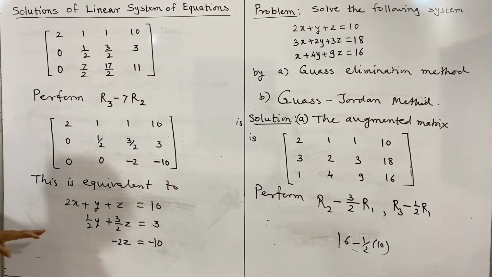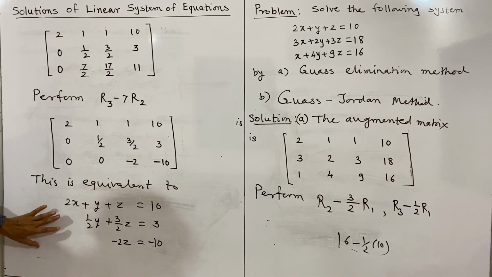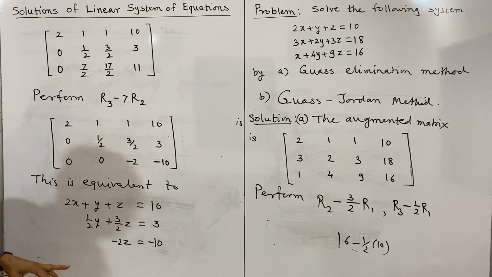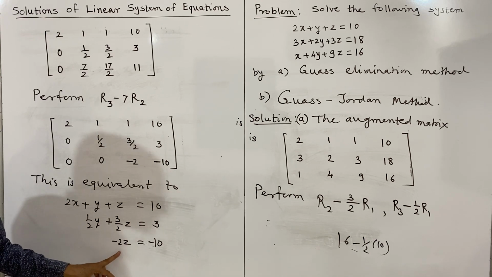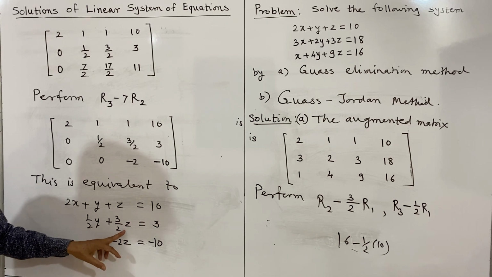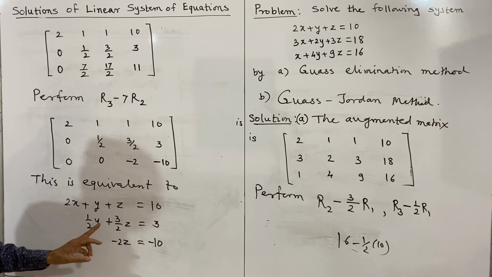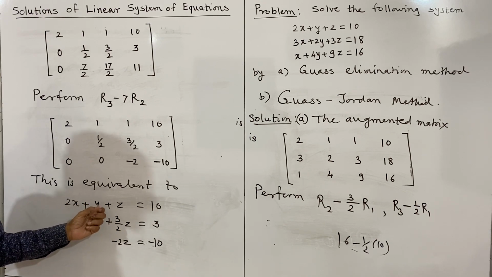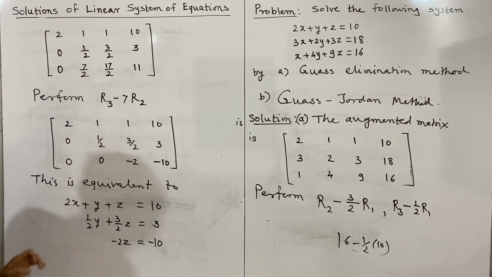So thus we obtain this system, and now you see from this system we can solve the equations easily by back substitution. Back substitution means the last equation is to be solved, we get the value of z, and this value can be used in the second equation, and then we get the value of y, and then both y and z can be used in the first equation to get the value of x.